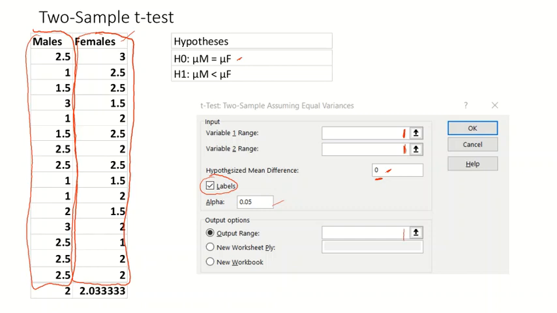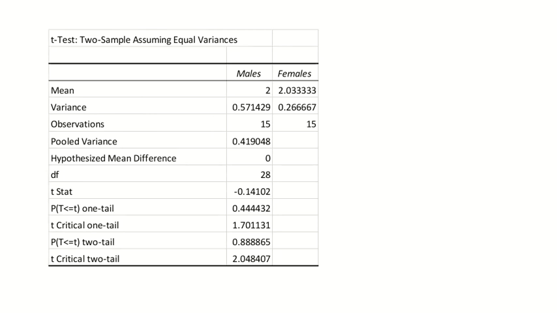Then select an output range, preferably within the same data sheet as your data. Excel will then give us this result. You don't have to delete the second column because it's needed in this particular test.